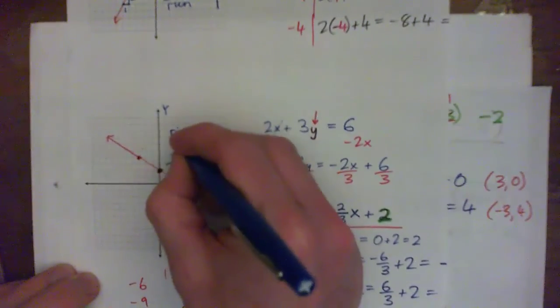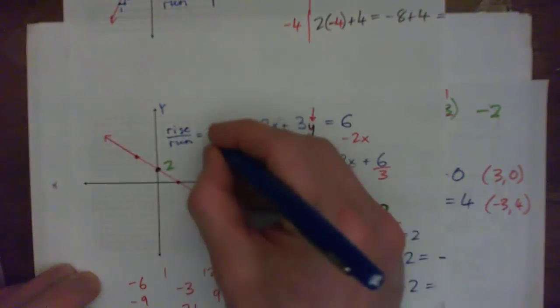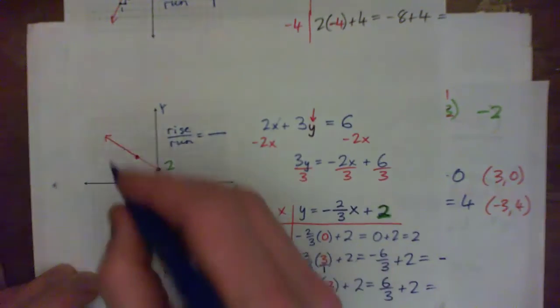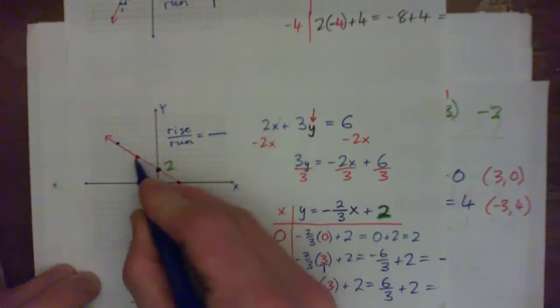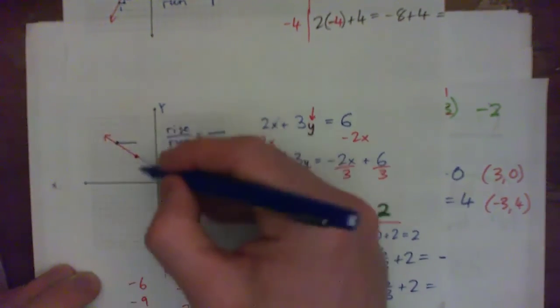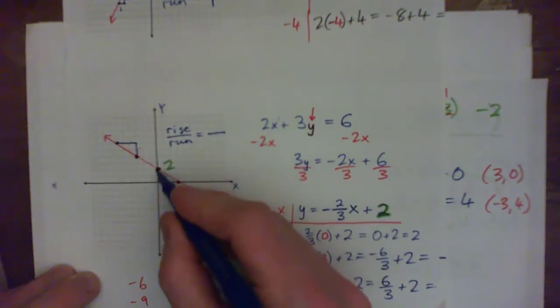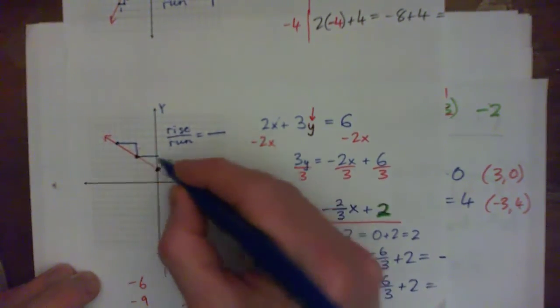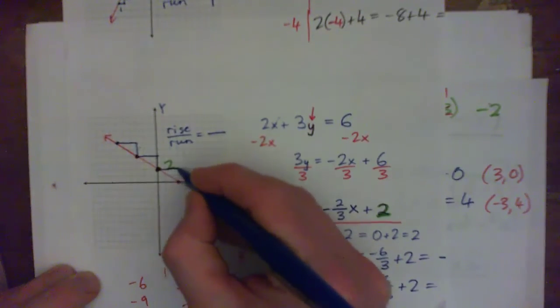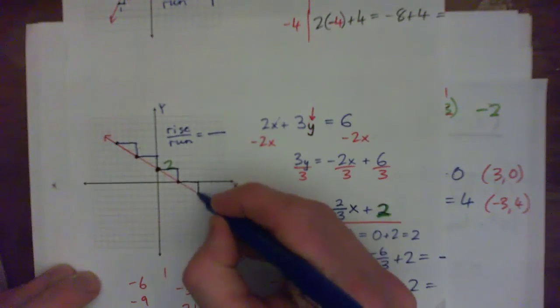Rise over run. So if I take a point and I get to another point, I'm going to go over till I'm directly above the point, and then I have to go down. See that? To get to the next point, I have to go over and then down. But how far am I running and how far am I rising to get from one point to the other?